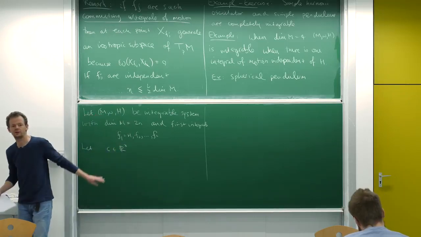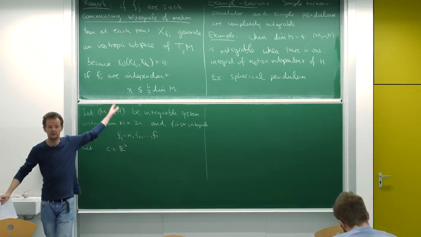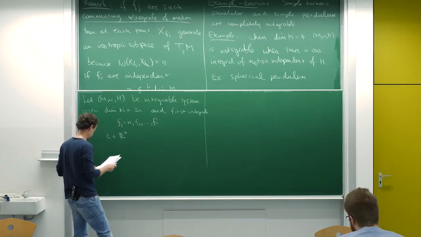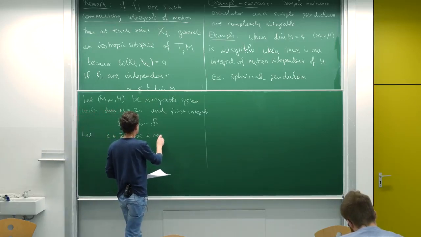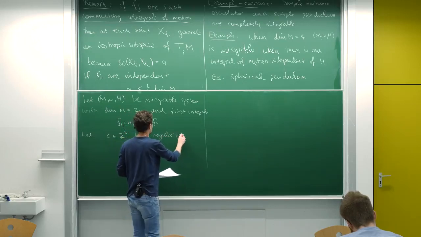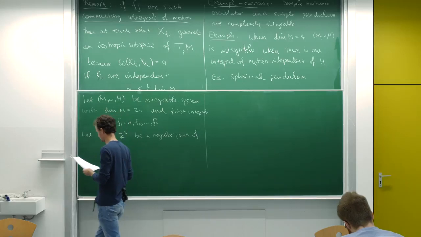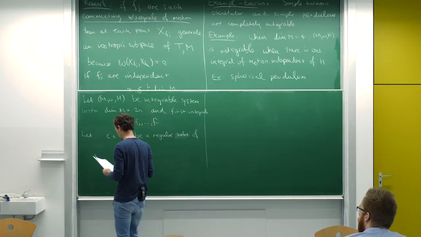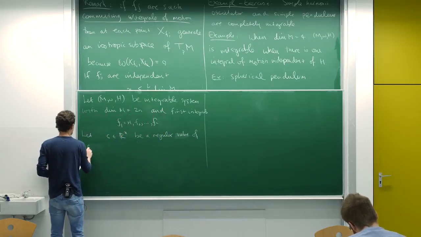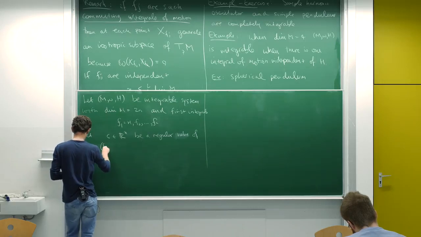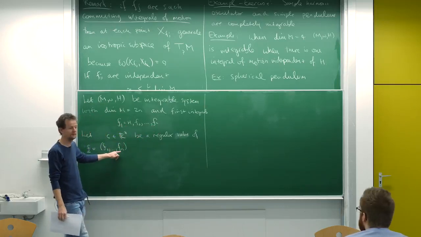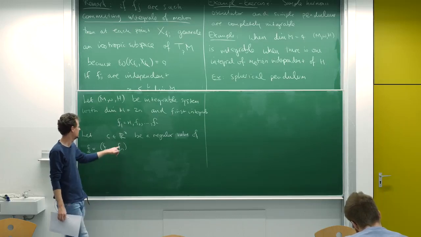We're going to study the preimage of these functions in our symplectic manifold M. You take these n functions and form a vector of them, and that's always an element in R^n.